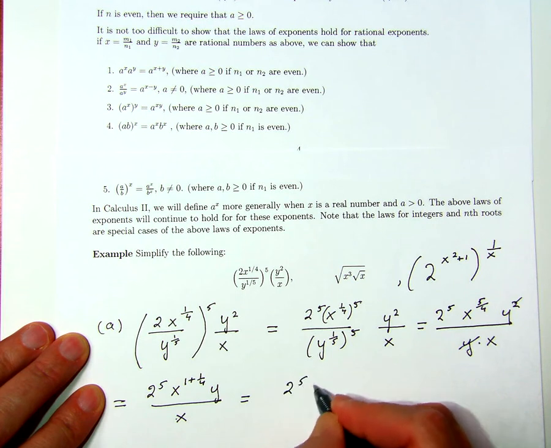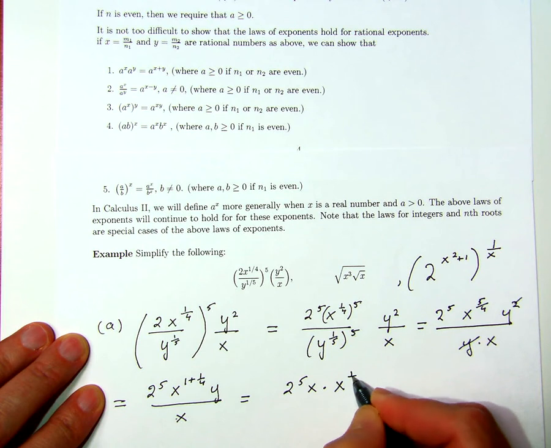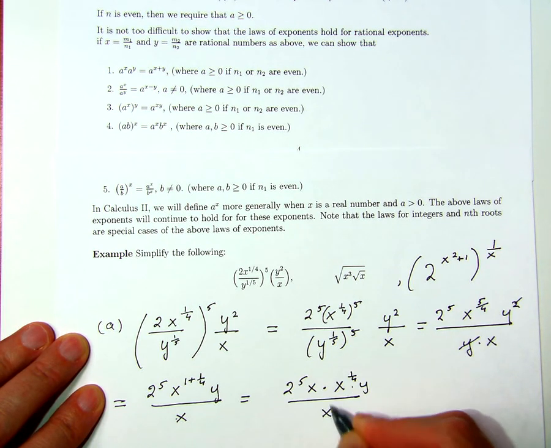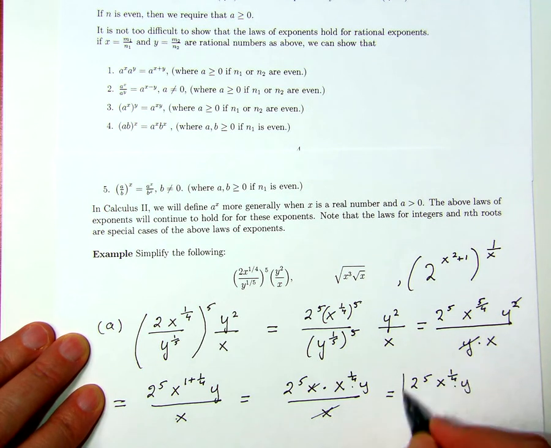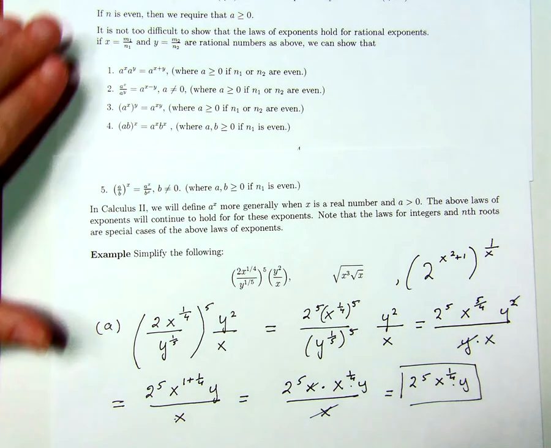It's 2 to the 5 times x to the 1 over 4 times y over x. Now this x will cancel. And that's 2 to the 5 times x to the 1 over 4, the fourth root of x, times y. So that's certainly a simplification.